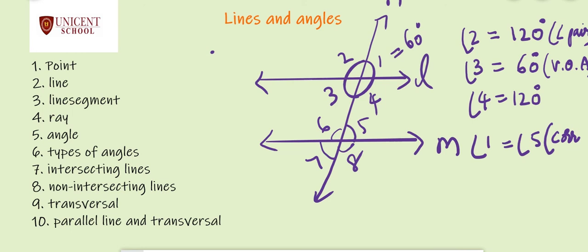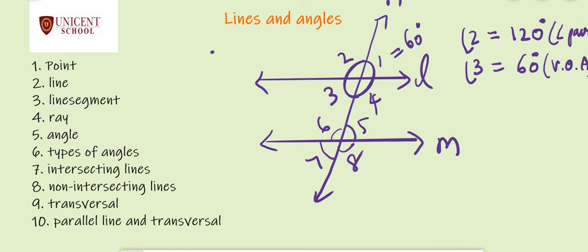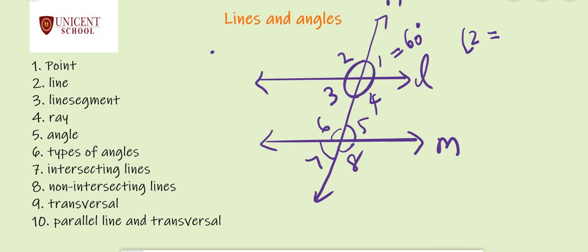That means if, in the case of two lines and a transversal, I find that corresponding angles are equal, or vertically opposite angles are equal, along with alternate interior or alternate exterior angles being equal, I can say that the given two lines are parallel to each other.